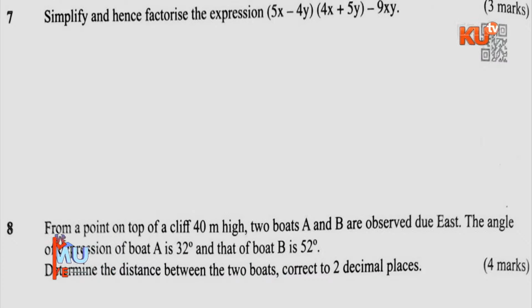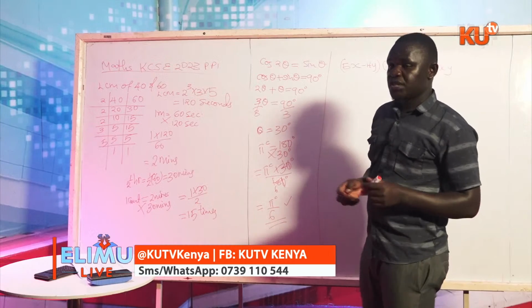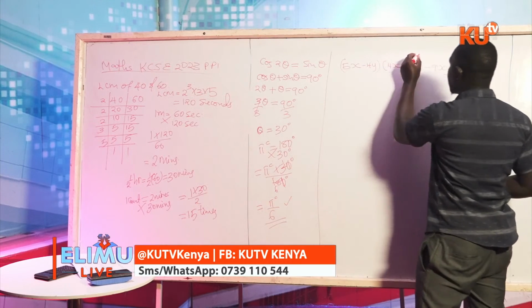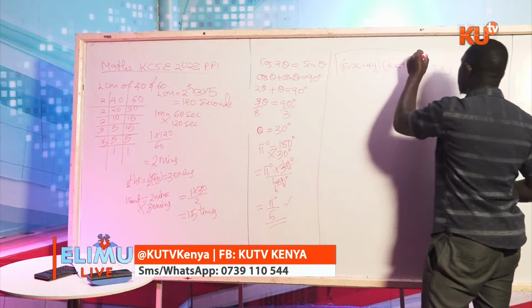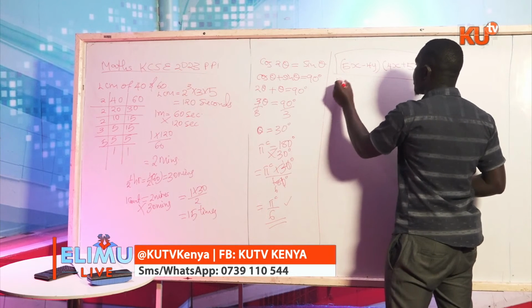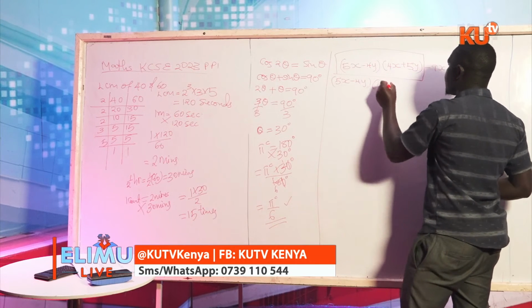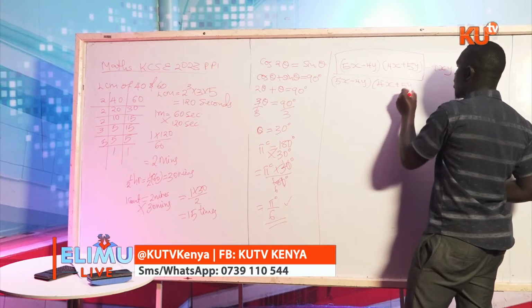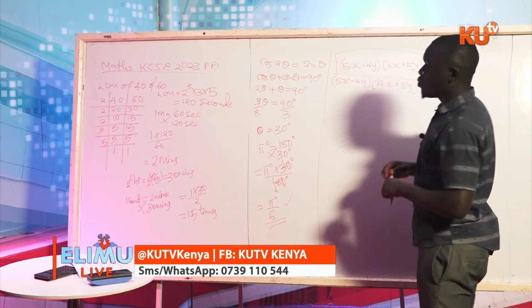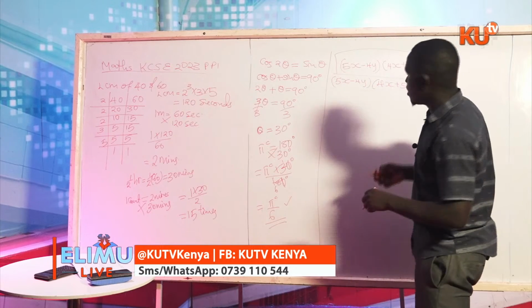Factorize. So first of all, let's start by simplifying. Now, which part am I going to work out first? This part here. That is 5x minus 4y into 4x plus 5y. How do you work it out, dear students? Here you have to expand.